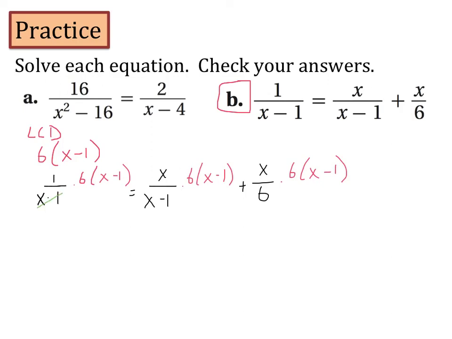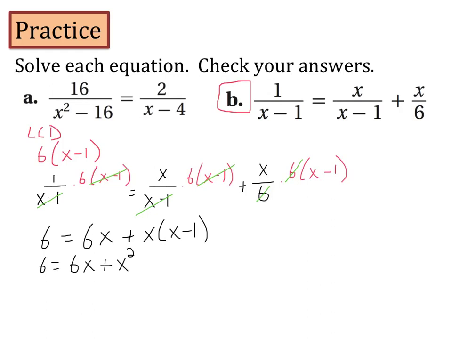So the x minus 1's go away, the x minus 1's go away here, and the 6's go away here. Then if we rewrite our fraction, we have 6 equals 6x plus x times x minus 1. I want to distribute out that x, so I have 6 equals 6x plus x squared minus x.